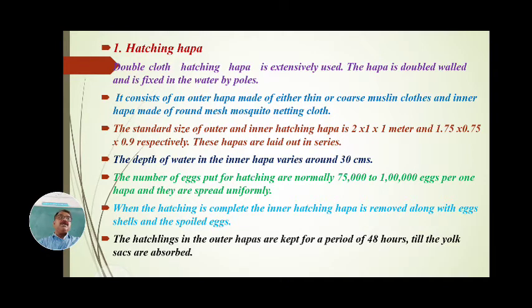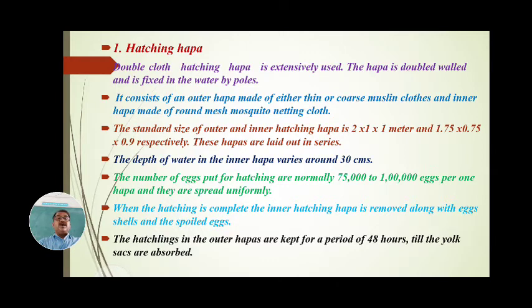The outer hapa is made up of thin or coarse muslin cloth, and the inner hapa is made up of round mesh mosquito netting cloth. This material is used to prepare the hapa.